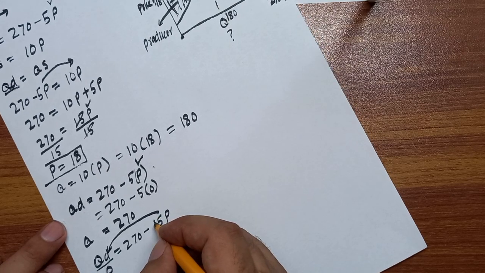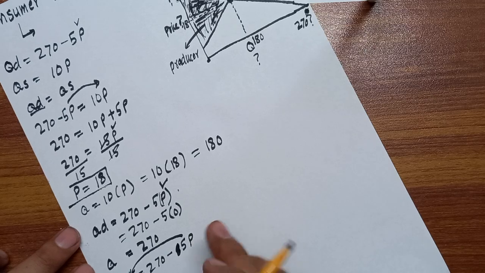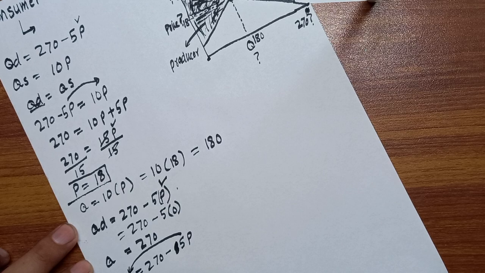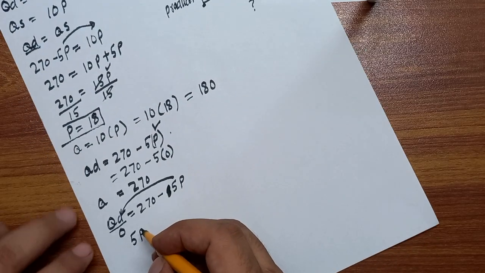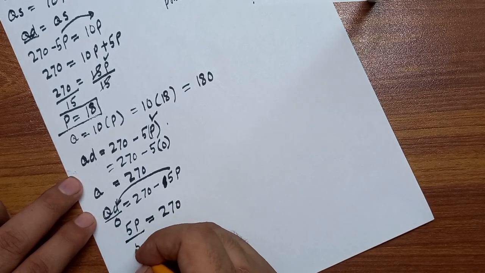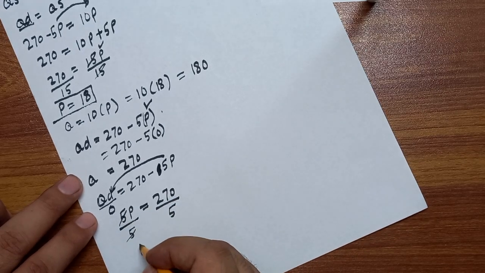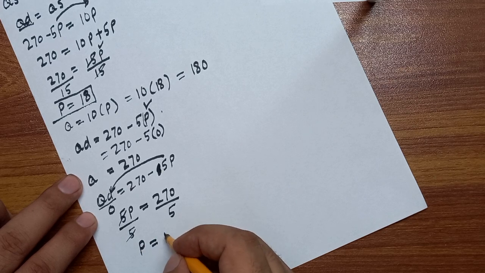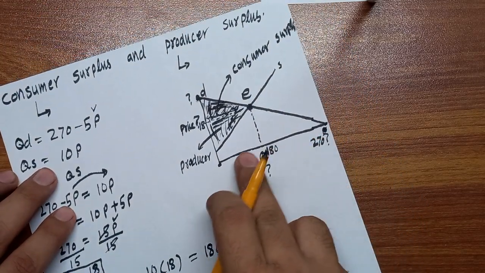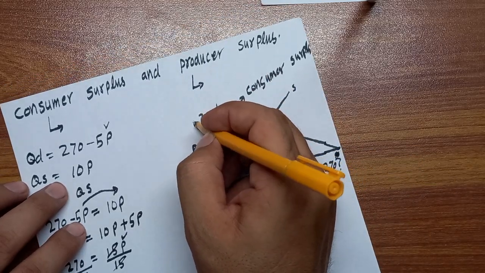Sorry, this is not 15, this is 5 only, because in the equation this is 5 only. So here we have minus 5P, we will get plus 5P is equal to 270. Dividing by 5 on both sides, this will cancel with each other. So P is equal to 54. So when the quantity is 0, the price will be 54.